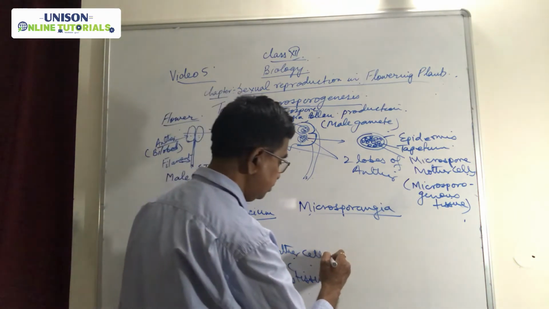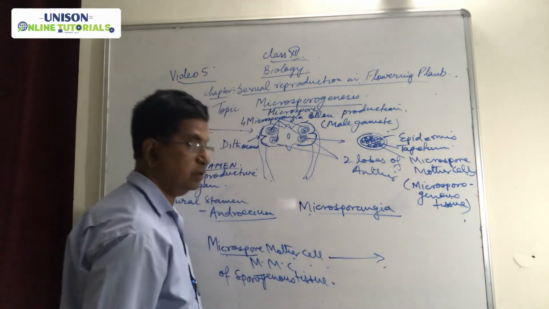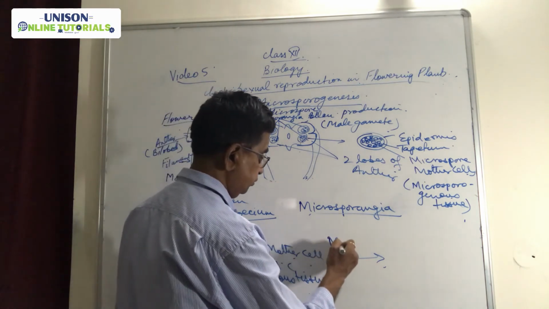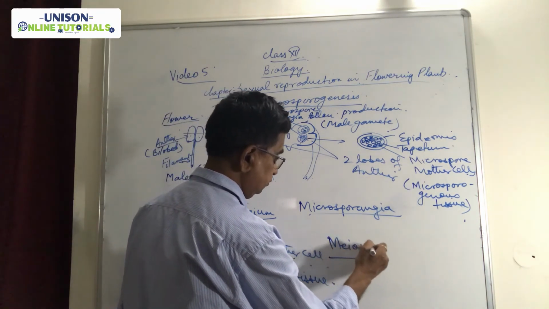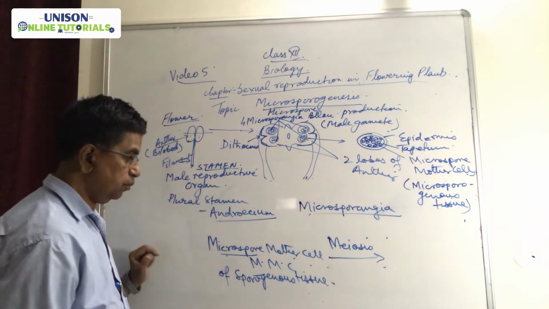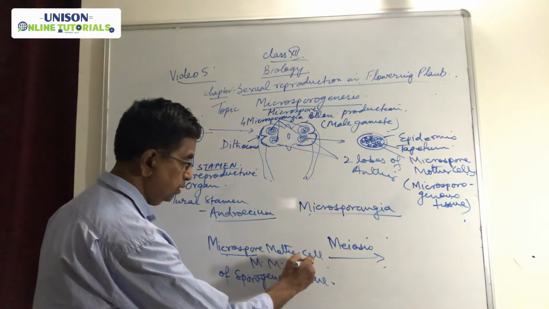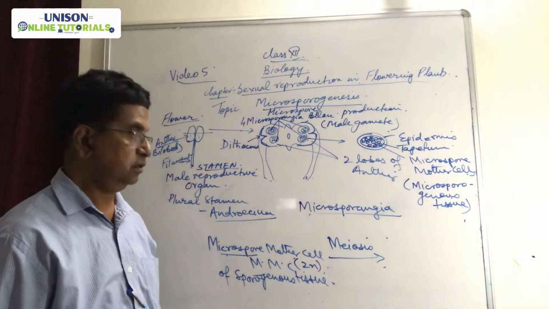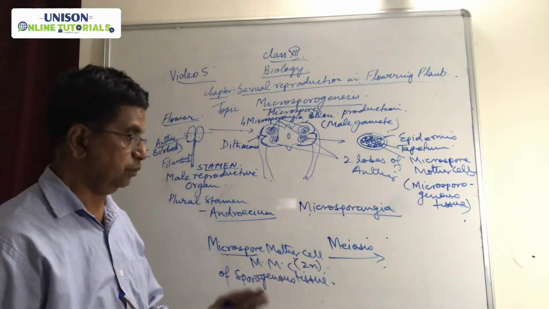These microspore mother cells, or MMC, undergo meiosis. Now it is very important to mention these microspore mother cells are diploid. They have 2n number of chromosomes, that is pairs of homologous chromosomes.